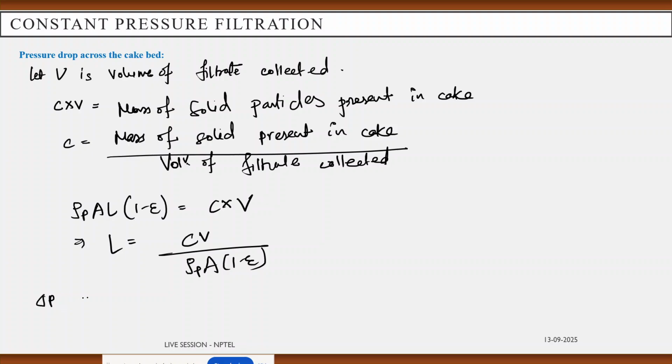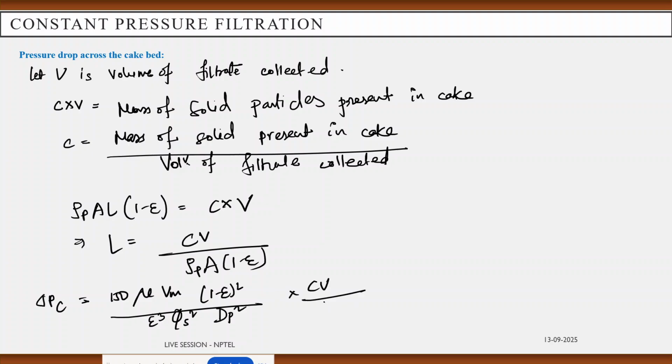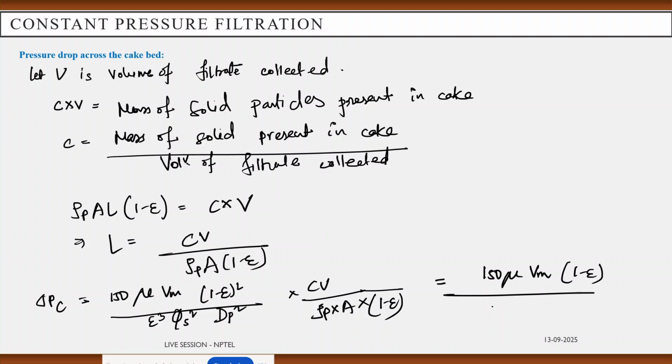You will get 150 mu Vm by dp square, and you are getting Cv, rho P and A. So if you just rearrange this equation, you will get a correlation between the pressure drop across the cake bed.